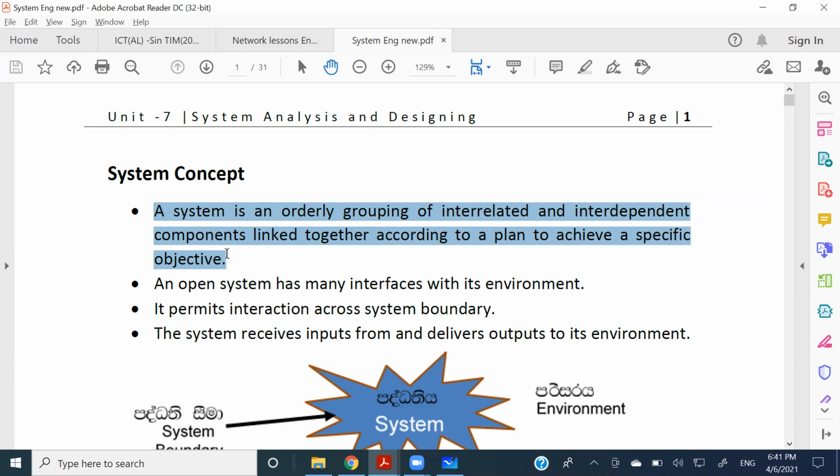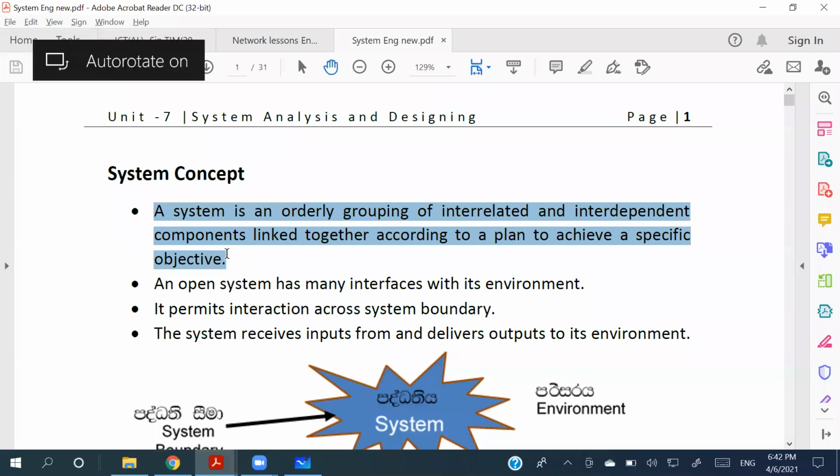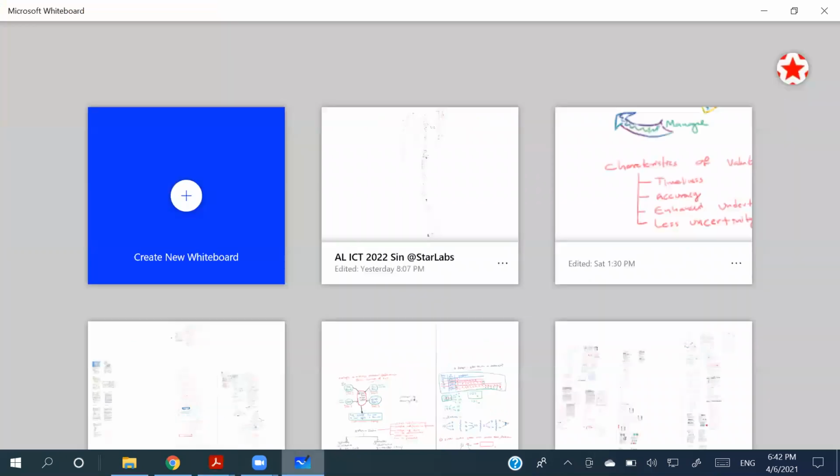Right. So when it comes to a system, let's see how this happens. As the definition says, a system is a group of interrelated and independent components. Now, if you think about our environment, even your body, the human body, it is a collection of systems. Every system has these 3 components: the inputs, the process, and the output.